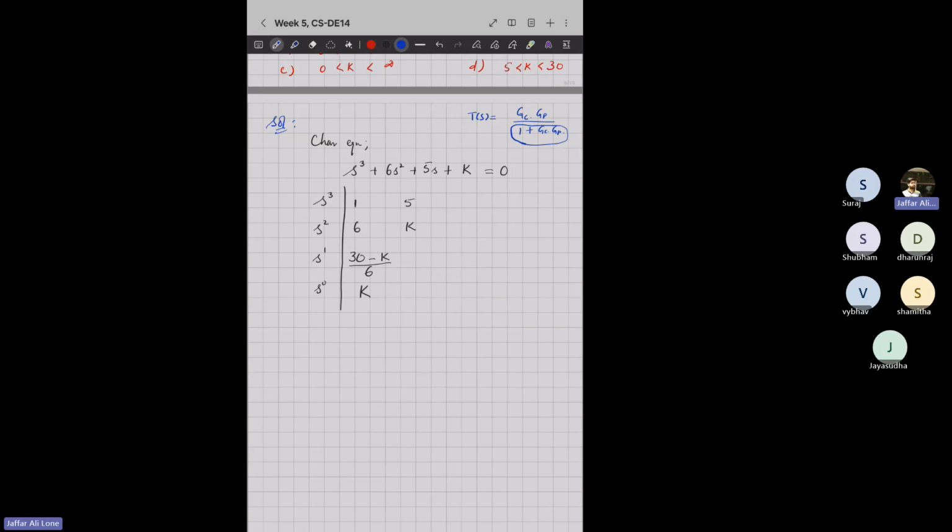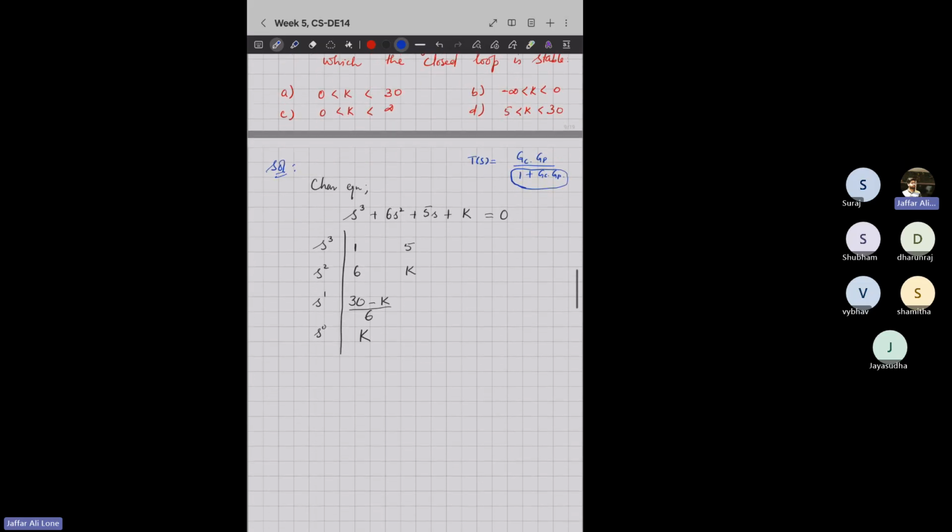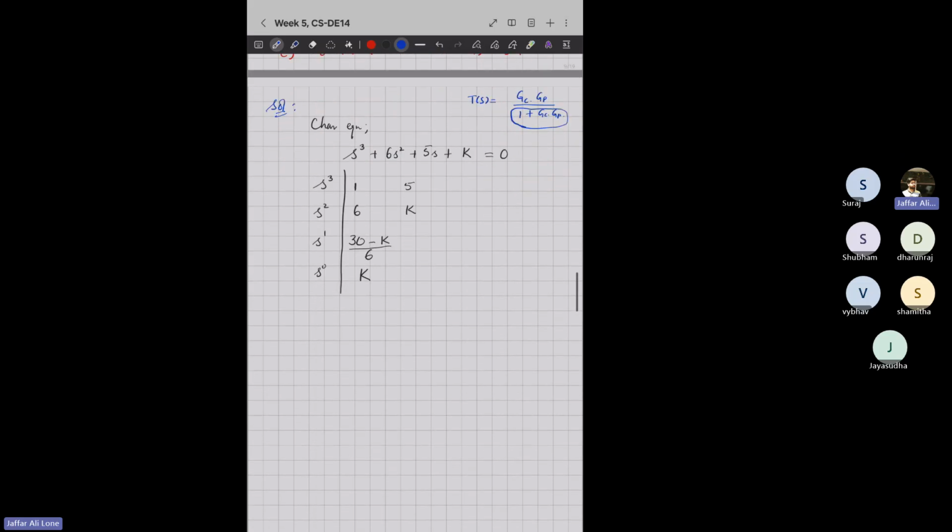Okay, now we have to find whether the system is stable or not. It means all the coefficients should be of the same sign. We know this is positive, so this should be positive, and this K should also be positive. Then and only then there will be no sign change, and no pole in the RHP.